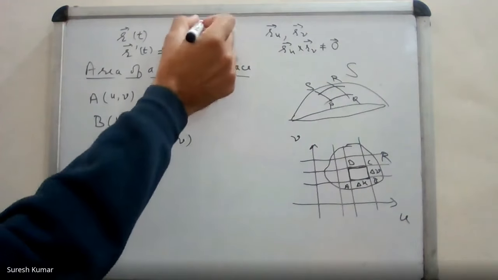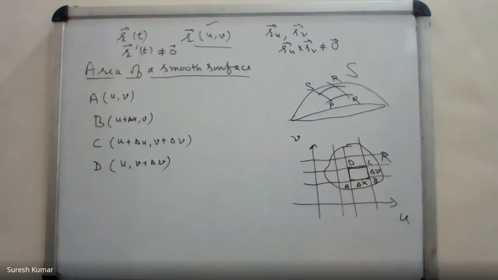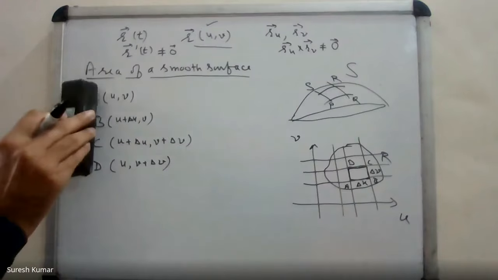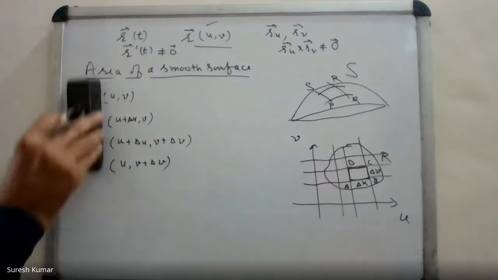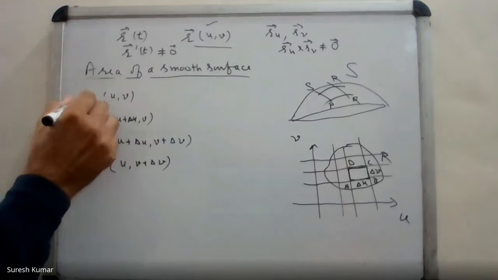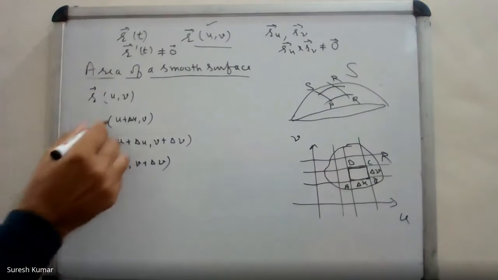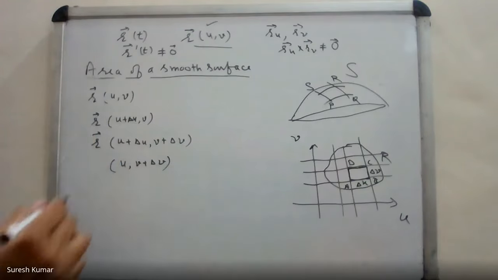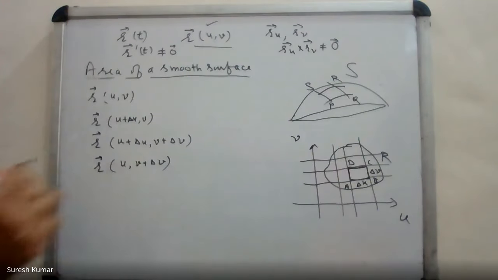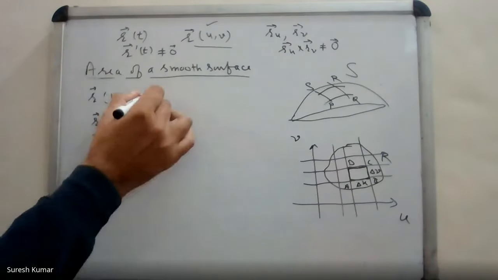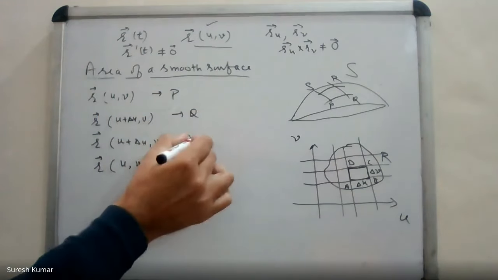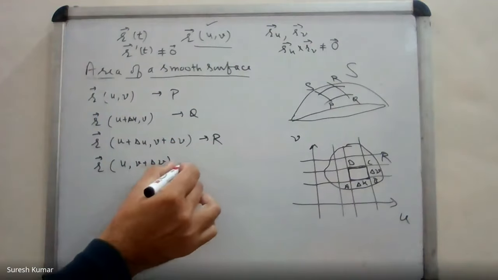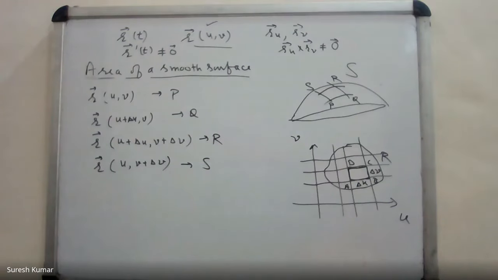Because the surface is parameterized by this vector function R(u,v), R(u,v) is the position vector of P. This is the position vector of Q, this is the position vector of R, and this is the position vector of S. Correct? These are the position vectors of these points on the surface.